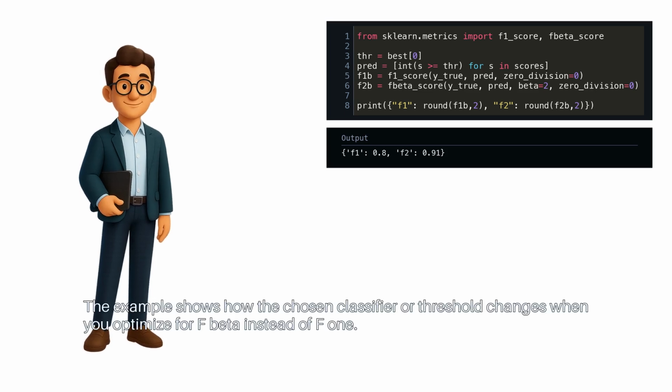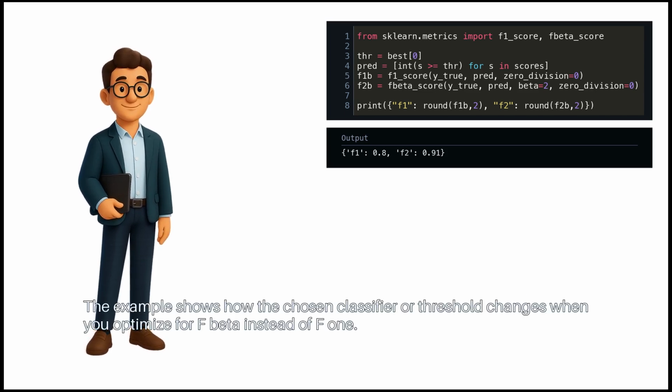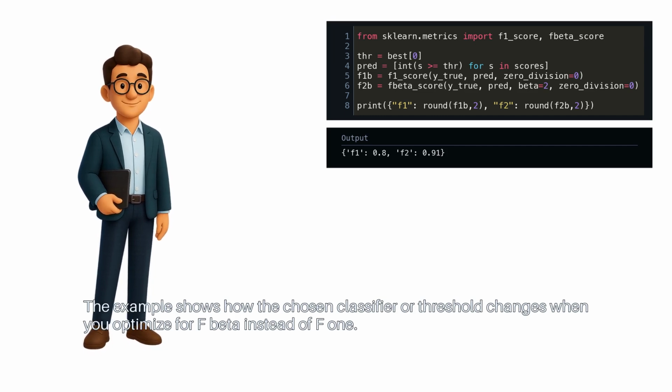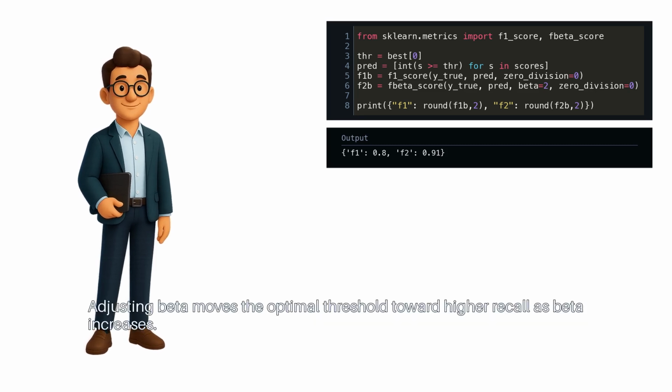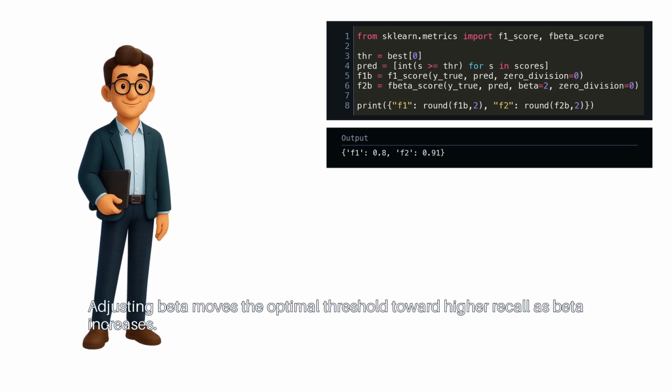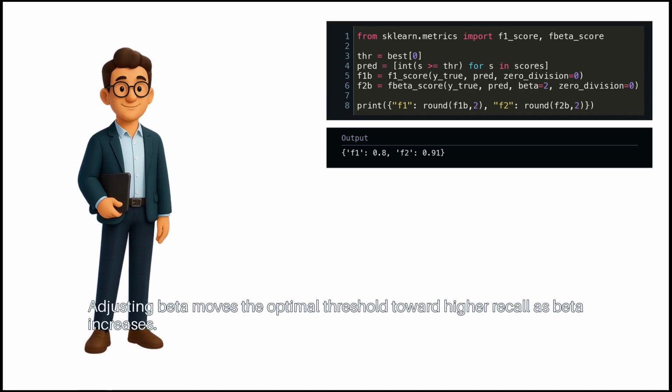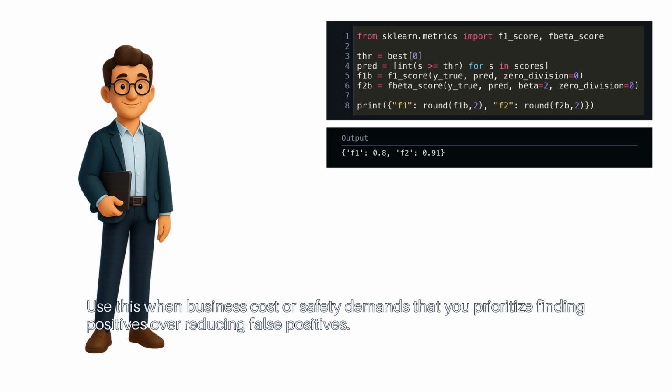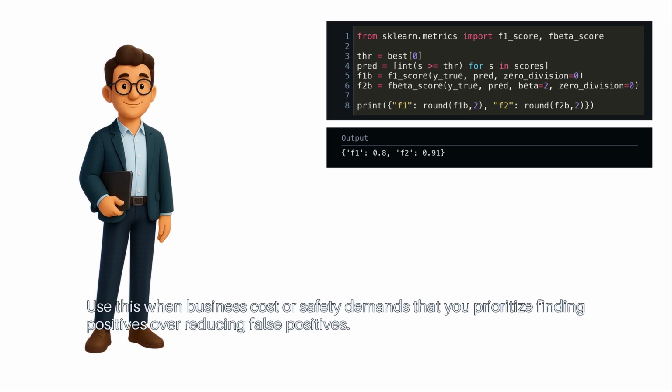The example shows how the chosen classifier or threshold changes when you optimize for F-beta instead of F1. Adjusting beta moves the optimal threshold toward higher recall as beta increases. Use this when business cost or safety demands that you prioritize finding positives over reducing false positives.